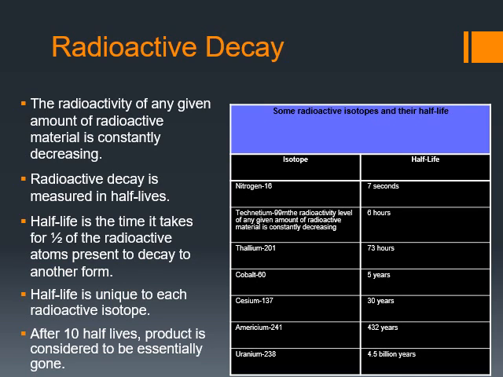Now, each isotope, you can see here in this column that says isotope, nitrogen, cobalt, americium, they all have different half-lives, and those can be used for good, such as medical isotopes, like technetium-99. It's used for diagnostic procedures, or americium-241 that's used in your smoke detectors. After 10 half-lives, the product is essentially gone.